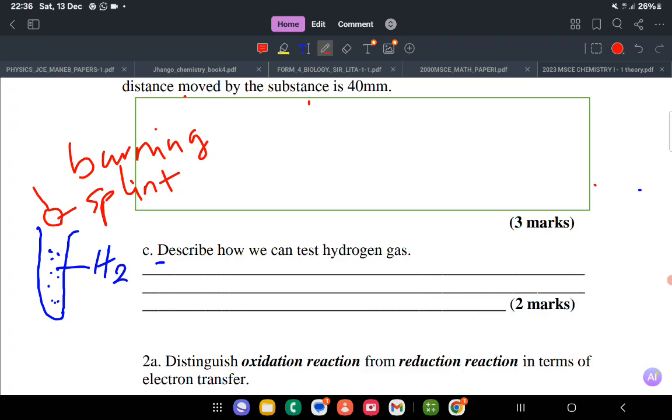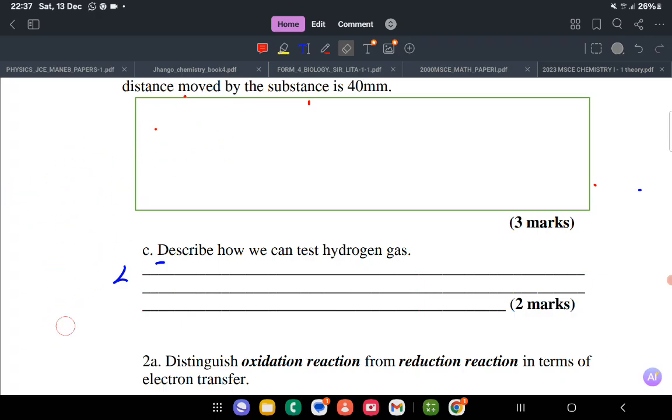If the gas in the test tube is hydrogen, you will hear a pop sound, a small explosion, because hydrogen is explosive. We call it a pop sound. It goes like pop, pop. If it makes a pop sound when the burning splint is over the mouth of the test tube, the gas is hydrogen.